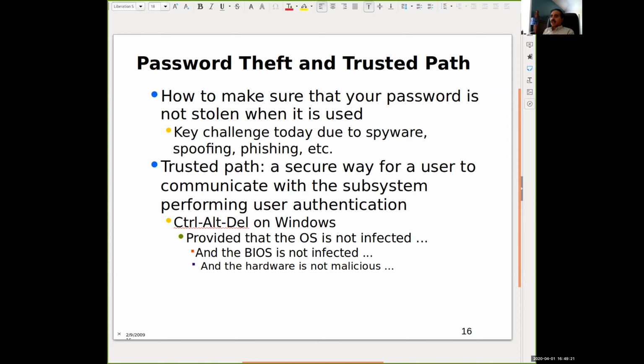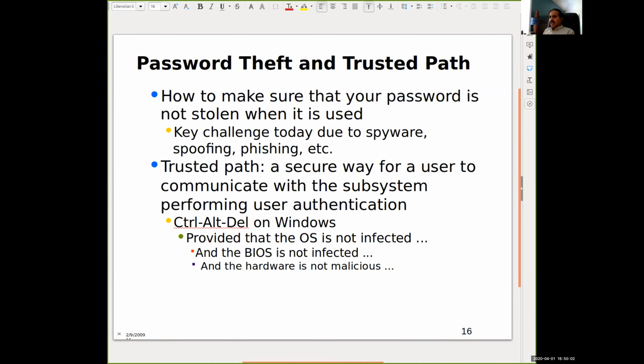So in those cases, operating systems often provide special key sequences that engage the operating system directly, so that the operating system can ensure that the password that you type in goes only to the operating system and doesn't go to some random user level process. Okay, so this way you can ensure that some spoofed dialog doesn't get your password, but your password is in fact being typed into the operating system.